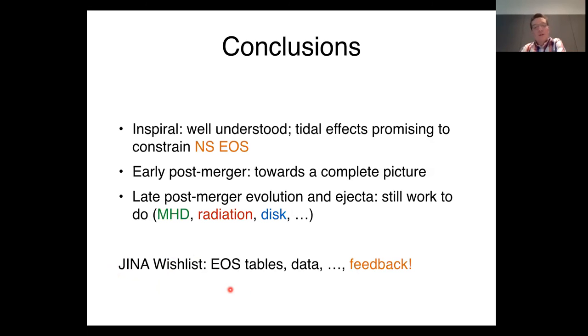Among these, of course, are equation of state tables and observational data against which to compare. But most importantly, I would say, is actually feedback. It's having you ask questions of me, because I do simulations in the hope that this will be useful for people that do nuclear astrophysics.